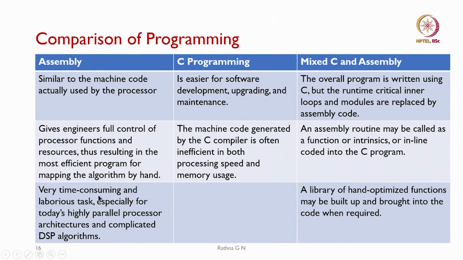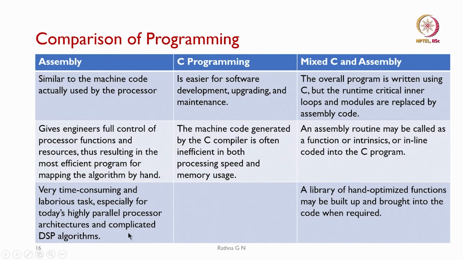The disadvantage is that it is very time consuming, because you should understand how assembly programming runs, and it is a laborious task, especially for today's highly parallel processor architectures and complicated DSP algorithms. It becomes a hindrance.